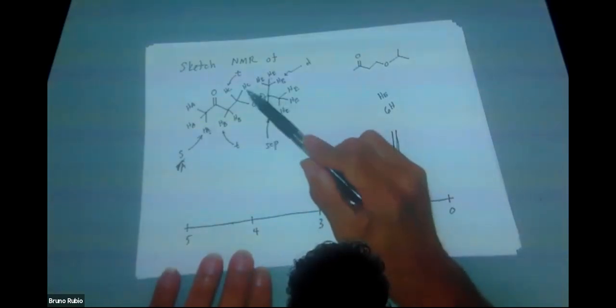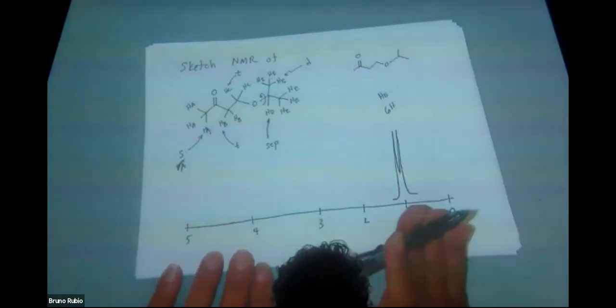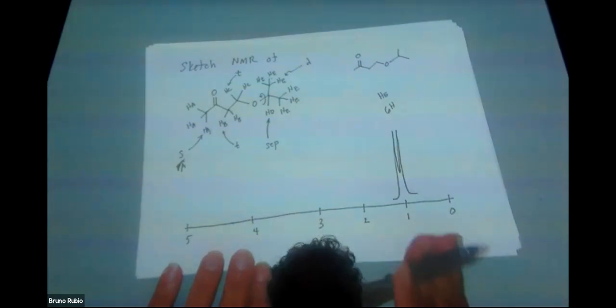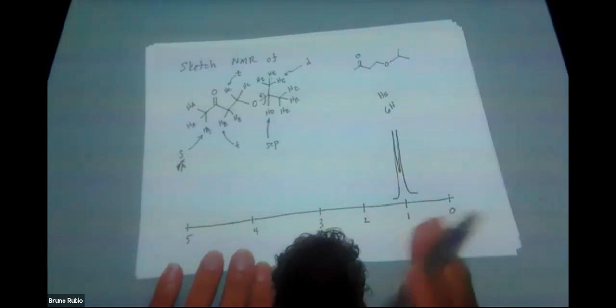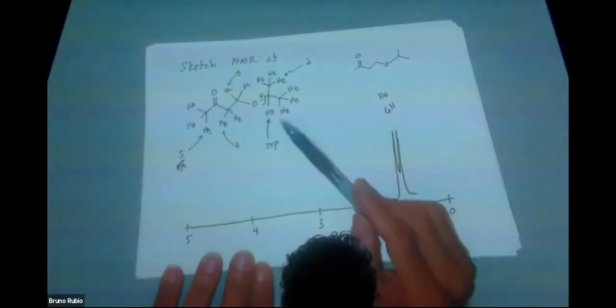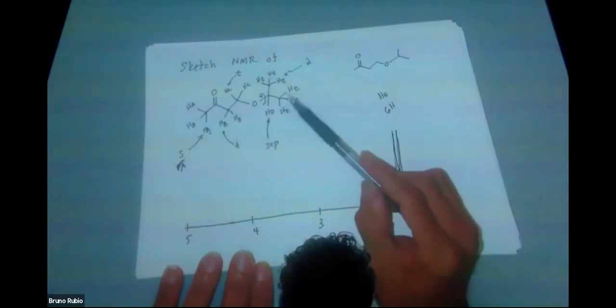because the HC are 2 bonds away from oxygen. No, the only other proton that can say that is the HD proton. The HA is 3 bonds away from oxygen. The HB is 3 bonds away from oxygen.